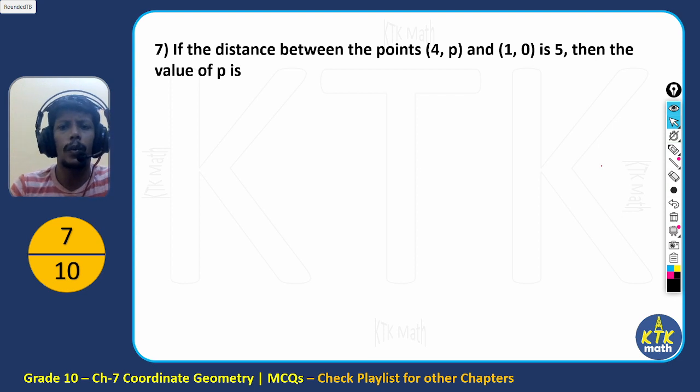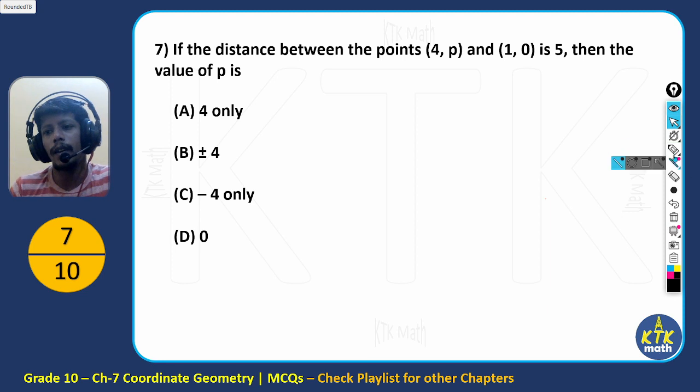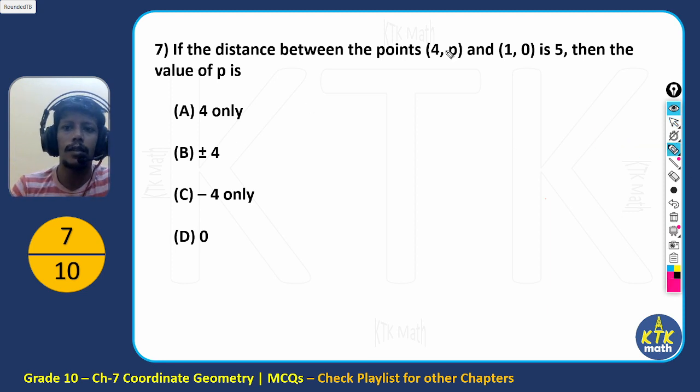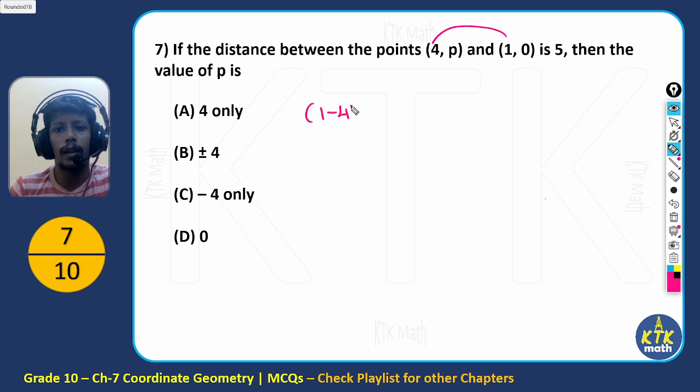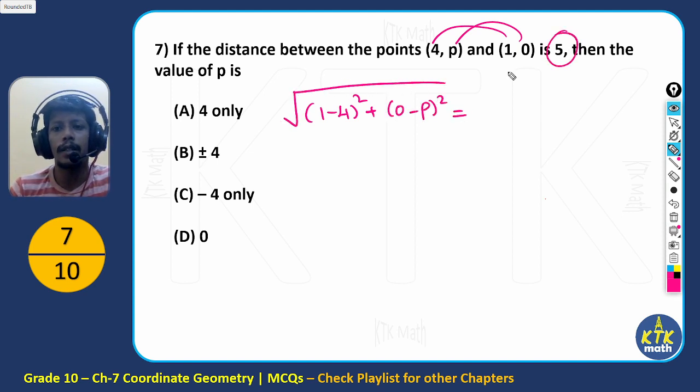If the distance between the points, then the value of P is. So the answer is given again. Distance is given. So how to write: 1 minus 4 whole square, that is x2 minus x1 the whole square, and 0 minus P whole square, root is equal to your distance, 5.